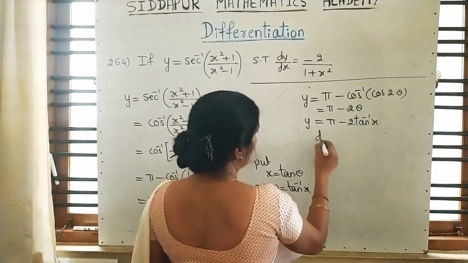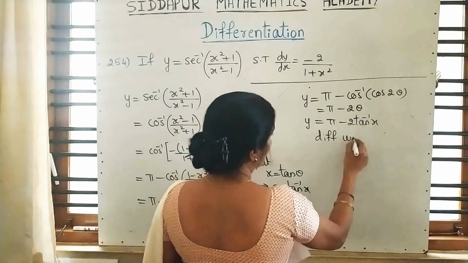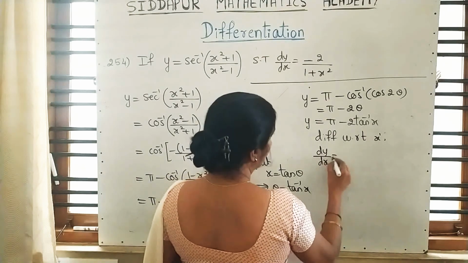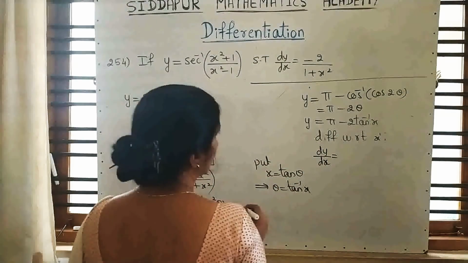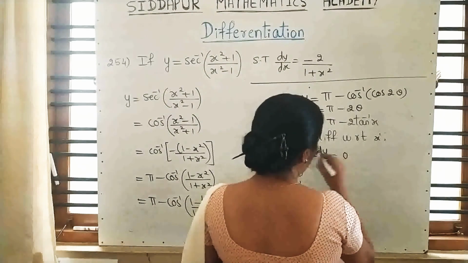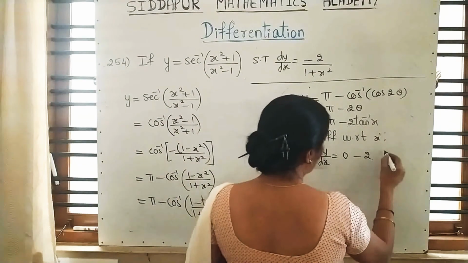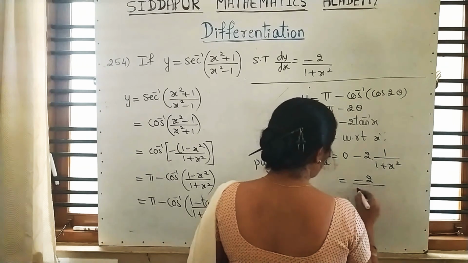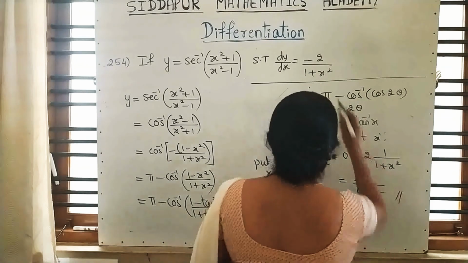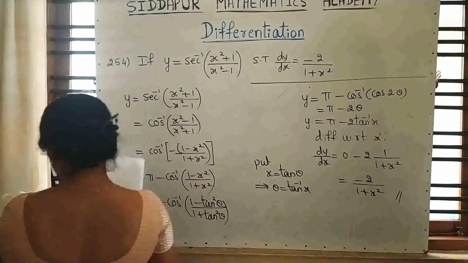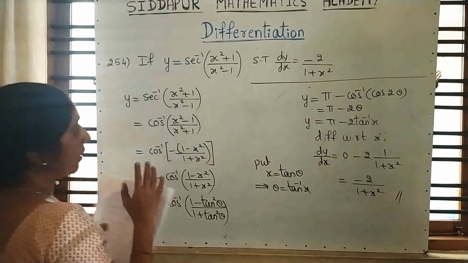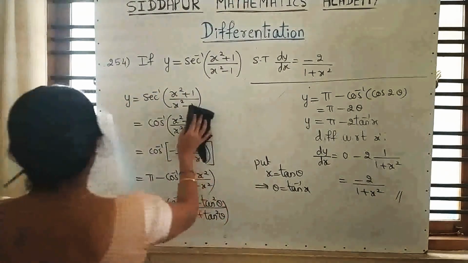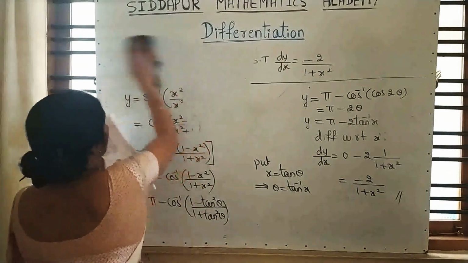Now differentiate. Derivative of pi is 0, minus 2 as it is. Differentiation of tan inverse x is, and when you rearrange you will get the final answer, and that is the required result. Is it simple or what? That means the only thing is you have to be familiar with the basic inverse trigonometric as well as trigonometric formulas.